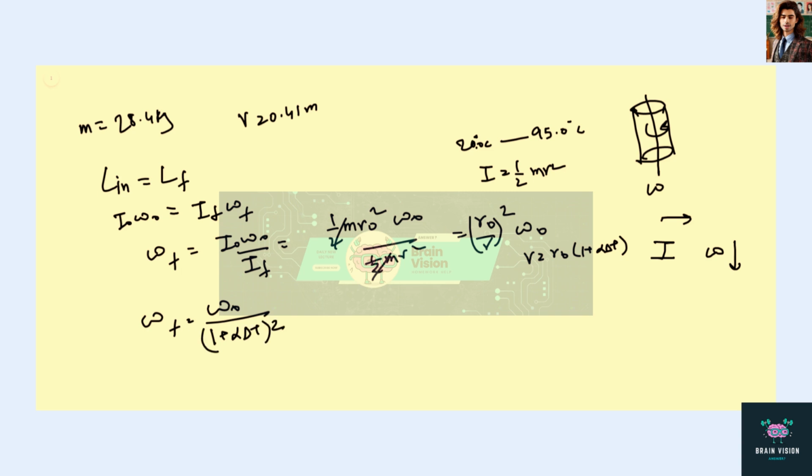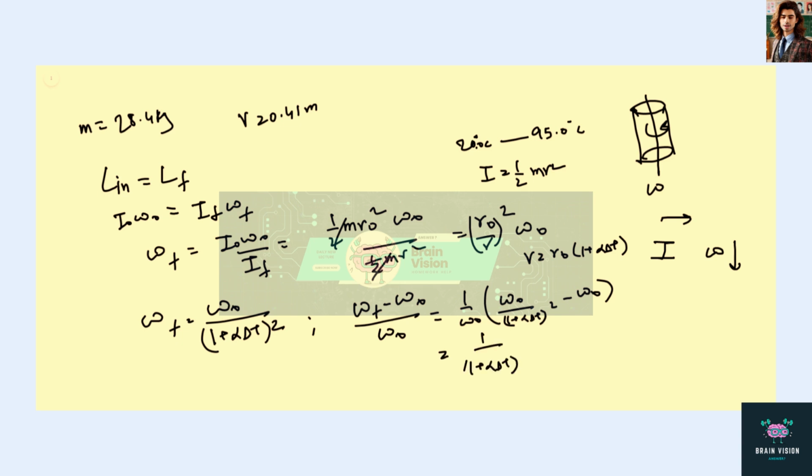Now we only want to find the fractional change in omega, and we know that fractional change in omega is final omega minus initial omega divided by initial omega. So that final minus initial, so that's 1 by omega naught times omega naught by (1 plus alpha delta t) whole squared minus omega naught, which is 1 by (1 plus alpha delta t) squared minus 1.